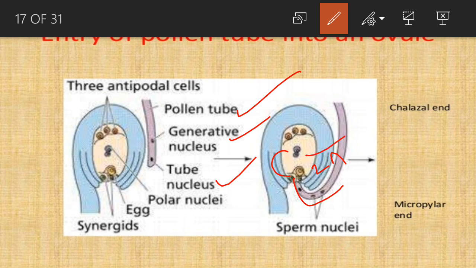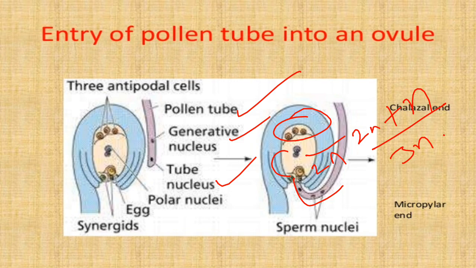The polar nuclei are already diploid, so with one more male nucleus fusing, it becomes triploid. It will form the endosperm, and the three antipodal cells will disintegrate.